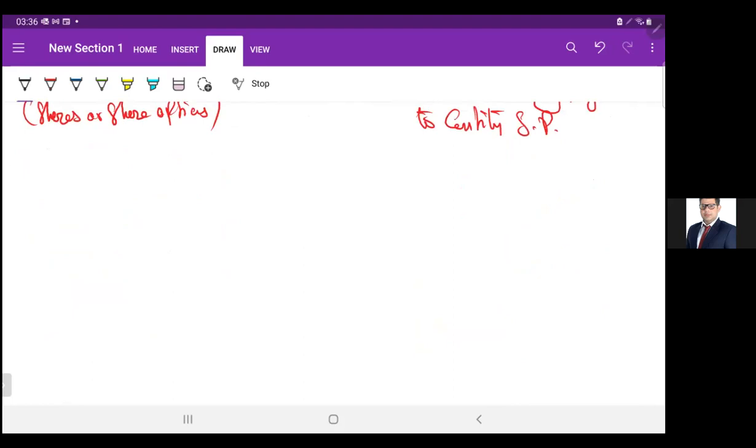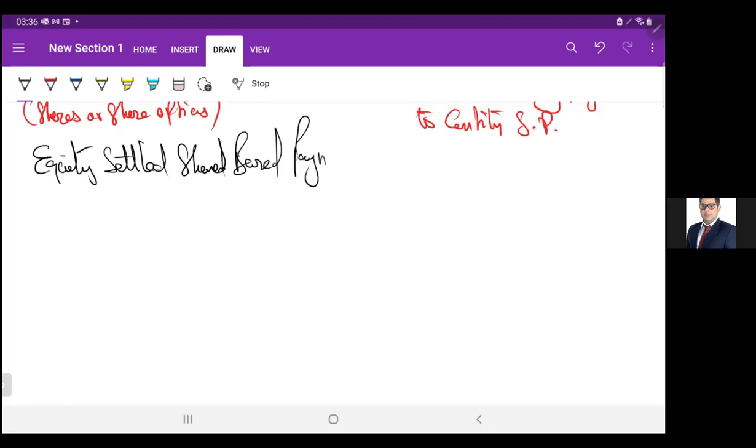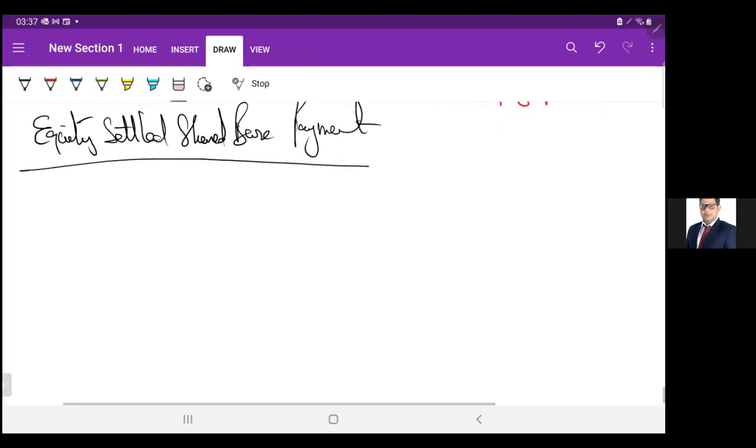Firstly, we have equity settled share-based payment. When an entity recognizes goods or services as a result of an equity settled share-based payment transaction, it will post the following double entry.